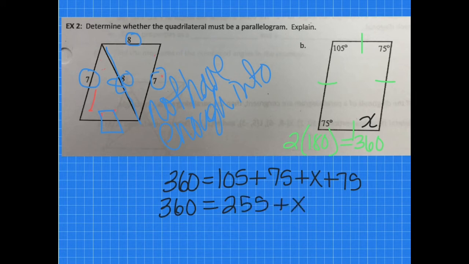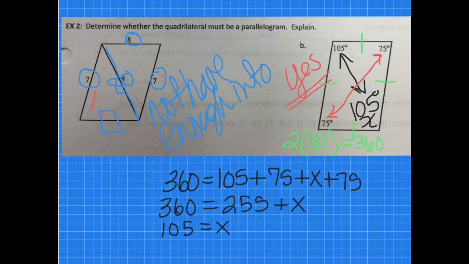I would subtract 255 from both sides and find out that 105 equals x. So I could use the interior angles theorem, and by using that, I find out that this has a measure of 105 degrees. And because the opposite angles are congruent to each other, then I can say that yes, this is a parallelogram.